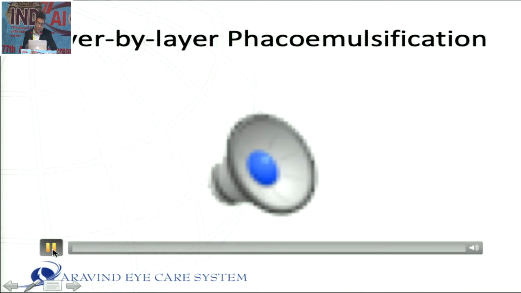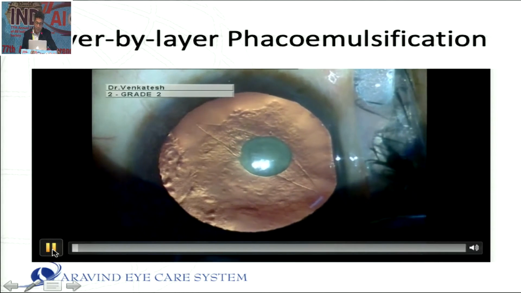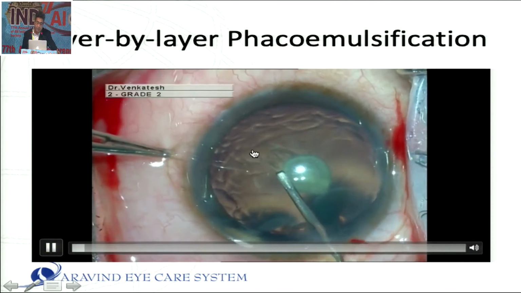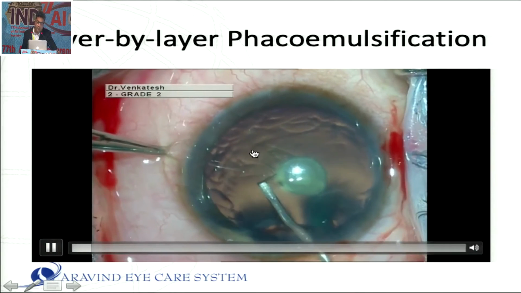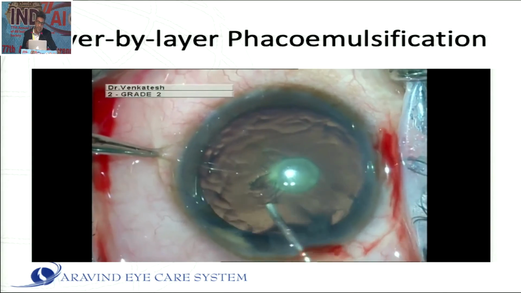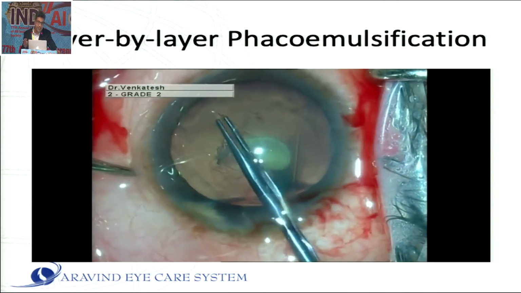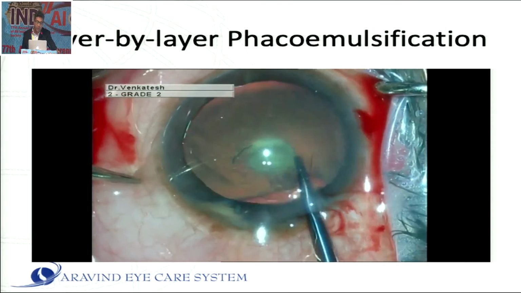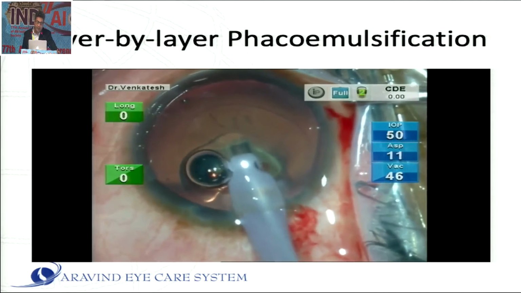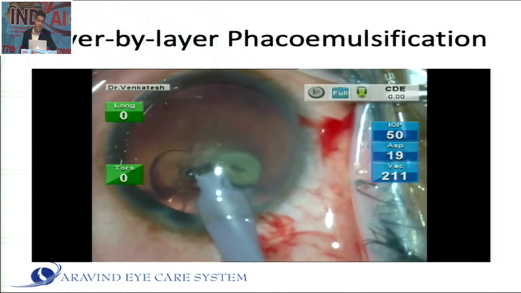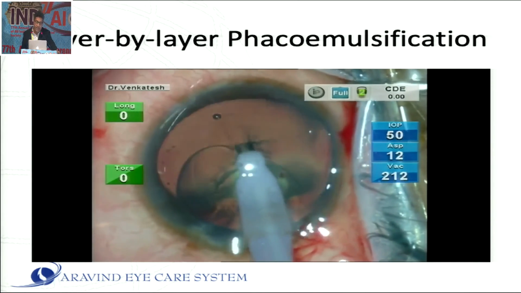I'll just show you a case, where you can see a beautiful dehiscence here, which I did a couple of weeks back. So there is a pre-existing dehiscence. Here you need to be careful, because you can't extend the dehiscence. At the same time, you don't want to lose the lens material anywhere. So here I'm not even doing any kind of dissection or delineation.